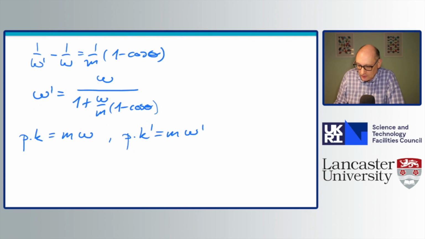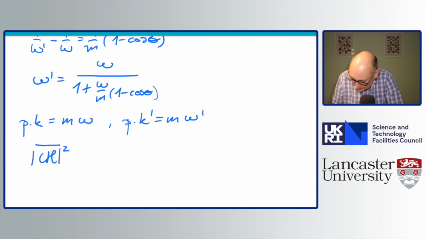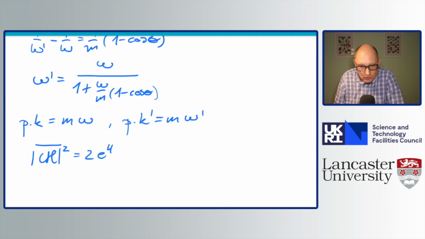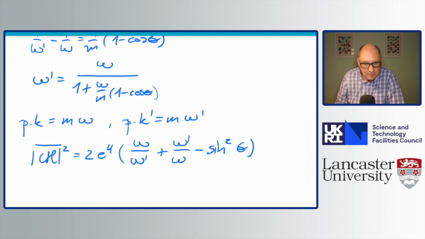Using these, it's possible to condense the square of the matrix element into a very short form, saying M squared is equal to 2 e to the 4, the energy of the photon before the scattering divided by the energy after the scattering, plus the other way around, minus sine squared theta.